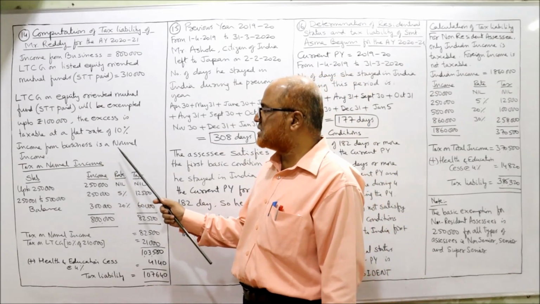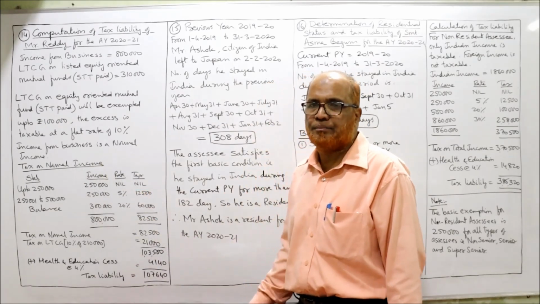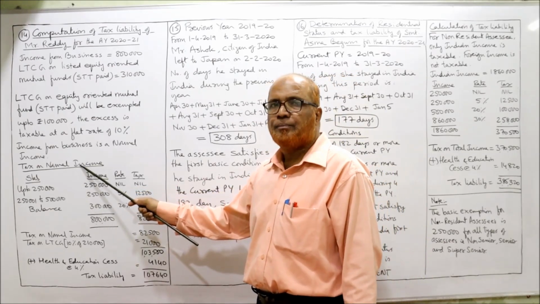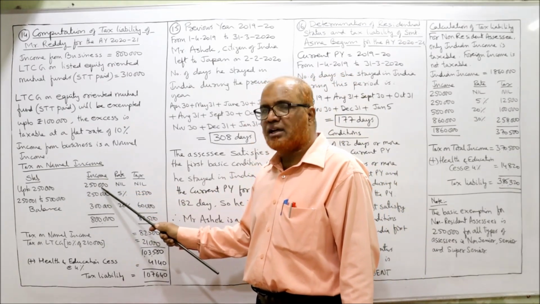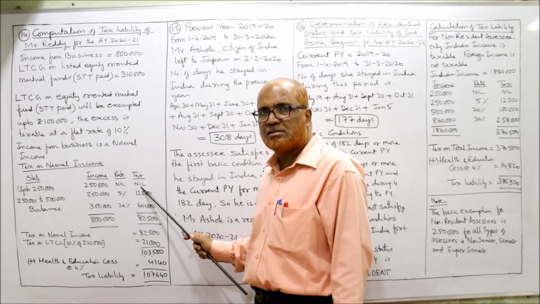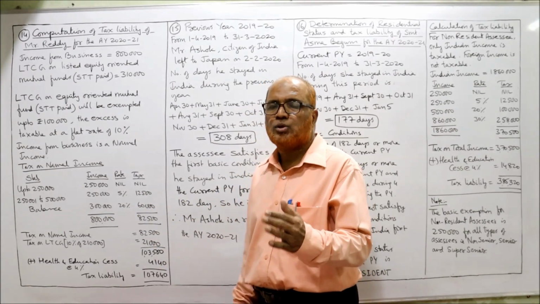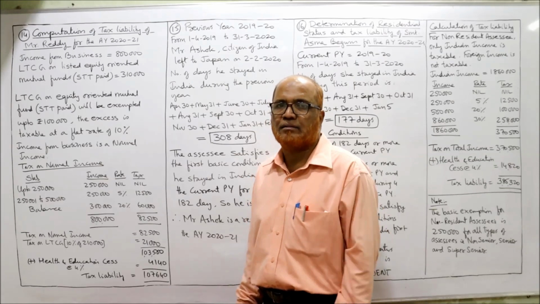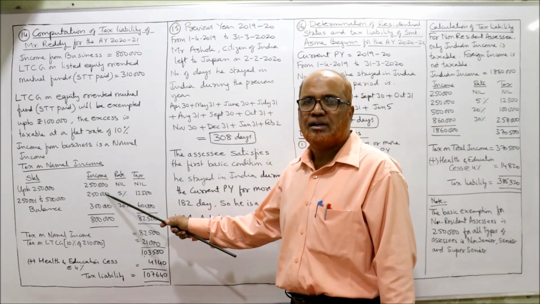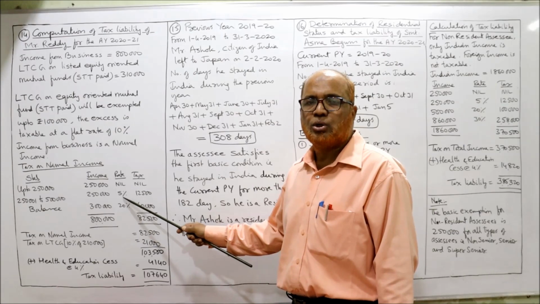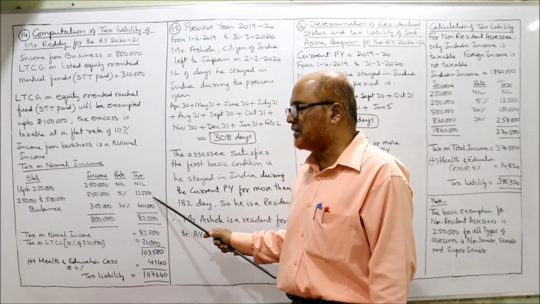Now income from business is a normal income. So tax on normal income: up to 2,50,000, nil, no tax. Then 2,50,001 to 5 lakh, the second slab, the income is 2,50,000, tax rate 5%, so 12,500.